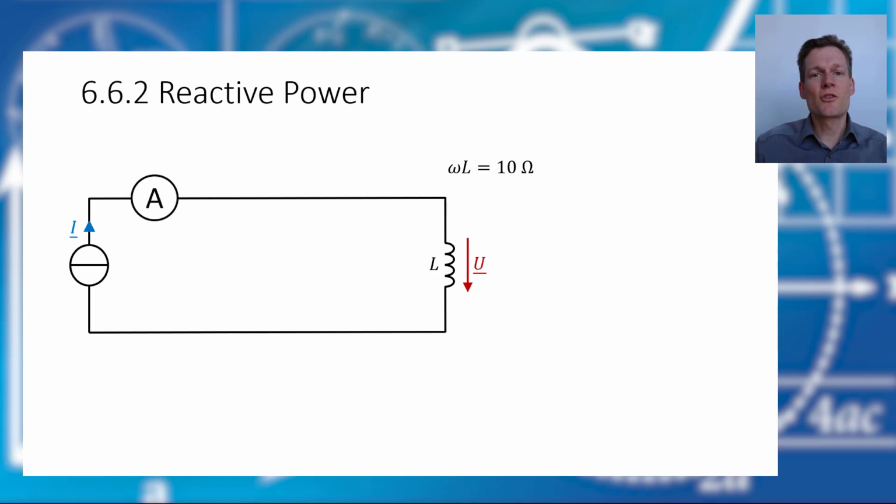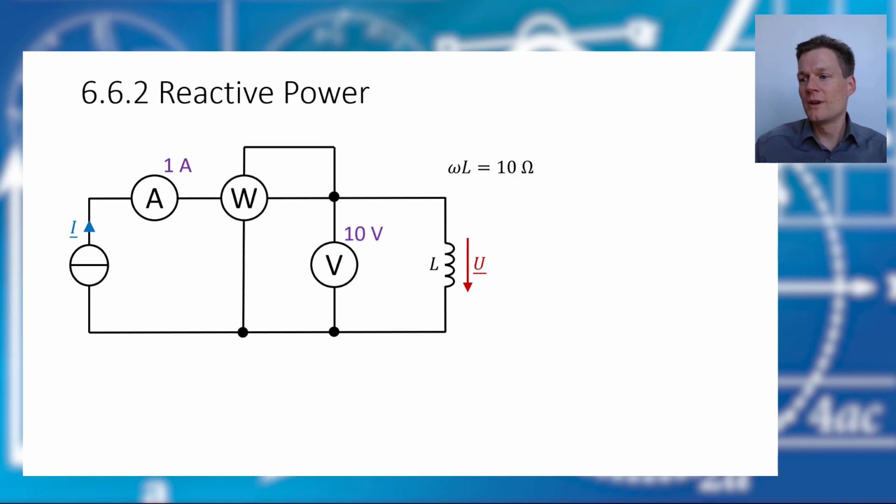If we measure the current here, we measure 1 ampere. And if we measure the voltage here, we measure 10 volts. And now we connect our watt meter again, and it shows the value of 0.